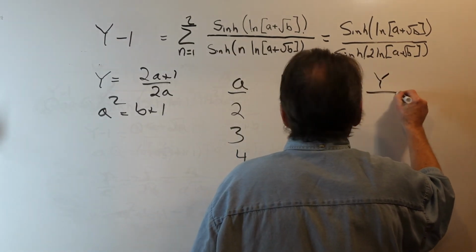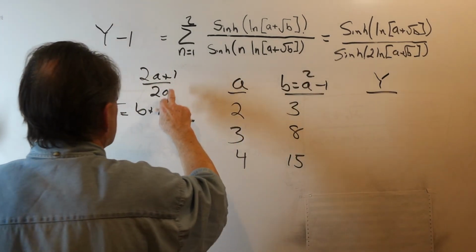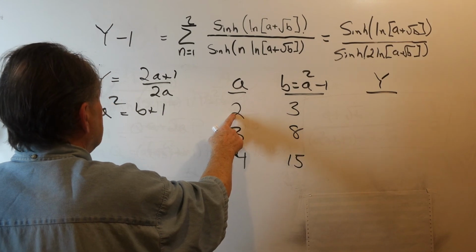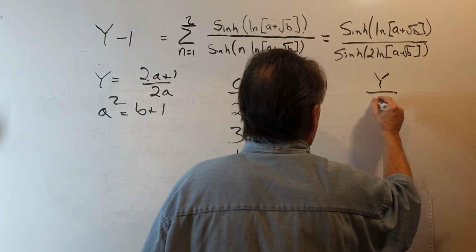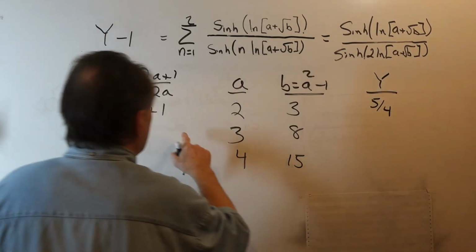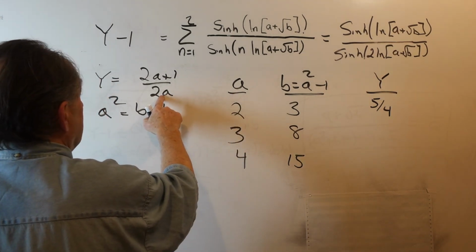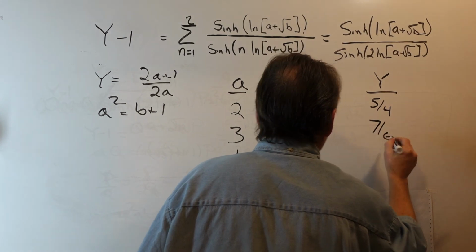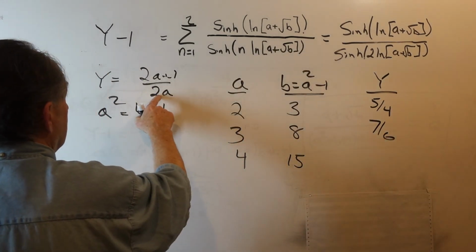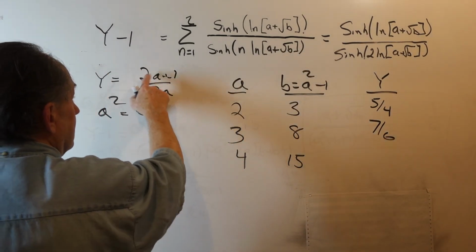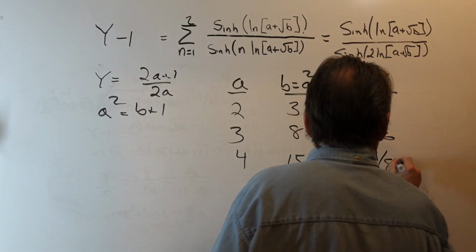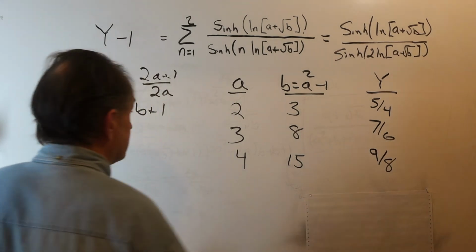Our y then will be 2a plus 1 over 2a. Well, what is 2a? 2a in this case is 4, so this will be 5 over 4. When a is 3, we get 6, so this will be 7 over 6. When a is 4, we've got 8, or 9 over 8. So, and so on.